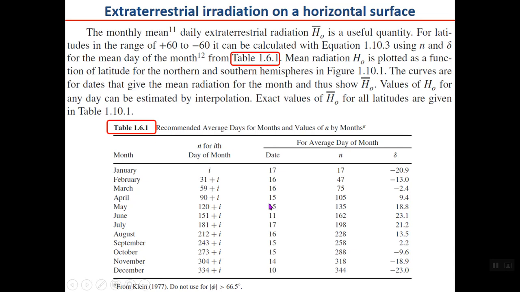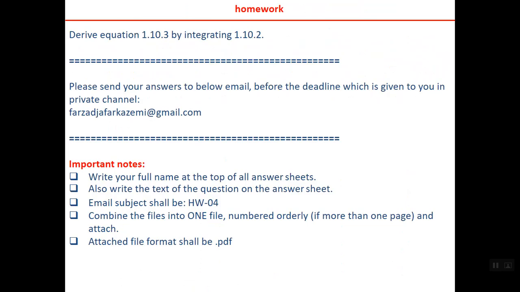Or you may also use the n for the average day of the month. Also, it's possible. Then you will calculate the H0 for the monthly average daily value for that month.